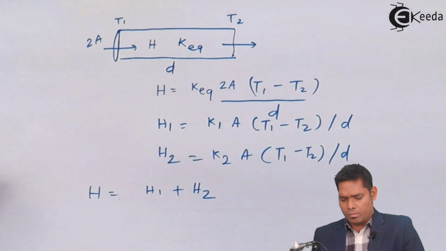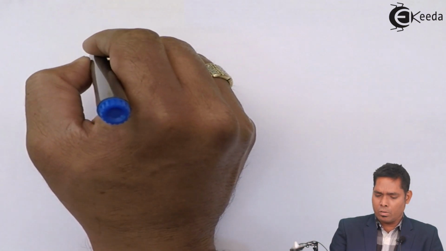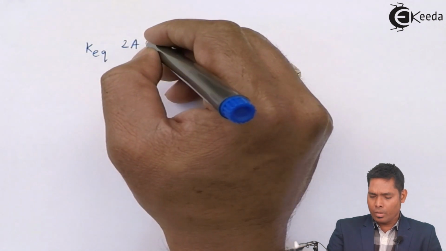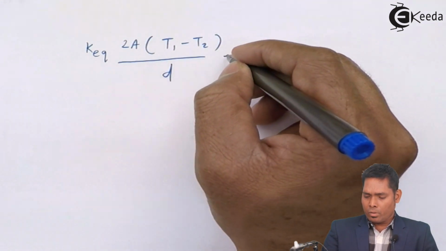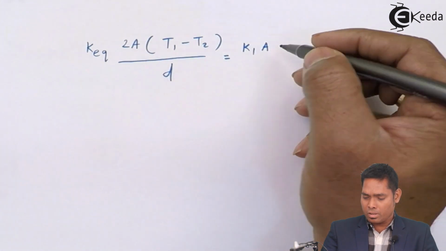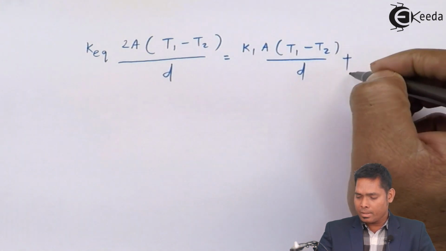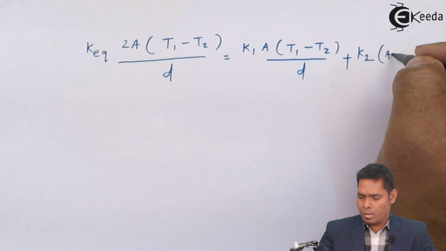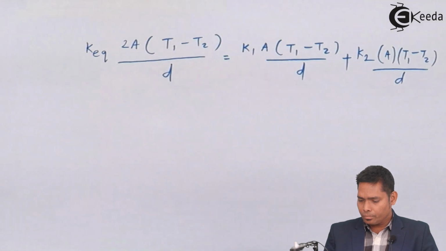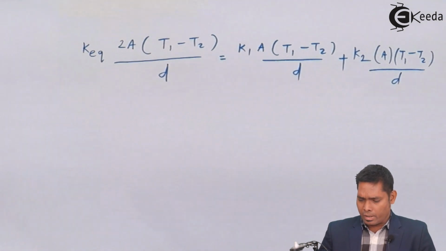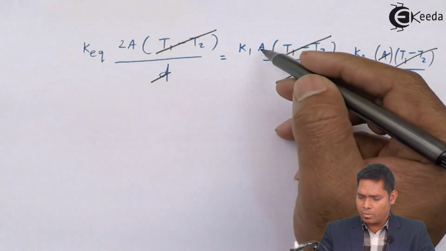Substituting these values, K equivalent times 2A times (T1 minus T2) over D equals K1 A (T1 minus T2) over D plus K2 A (T1 minus T2) over D. D will cancel out, A will cancel out, and T1 minus T2 will cancel out.